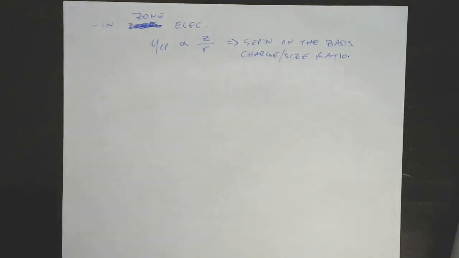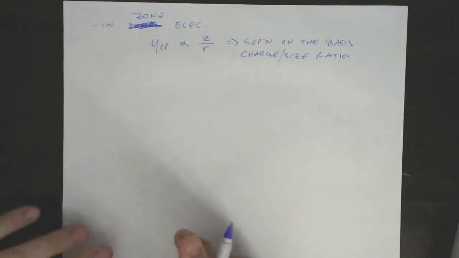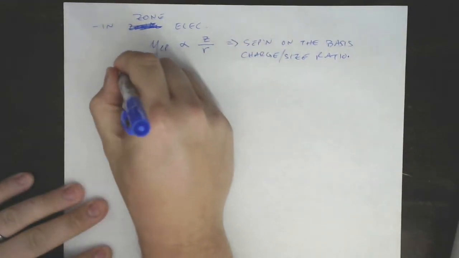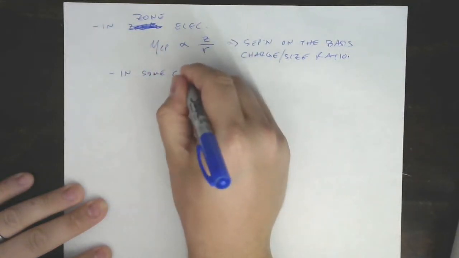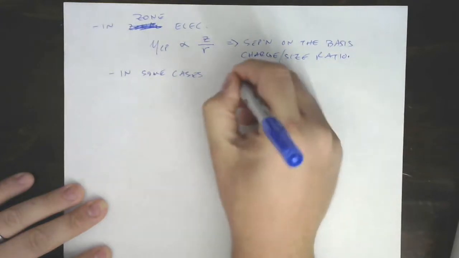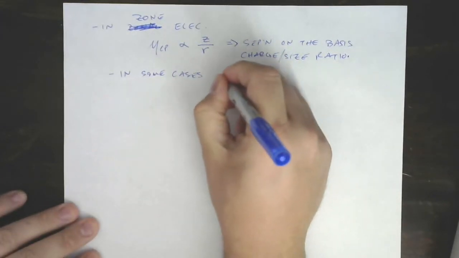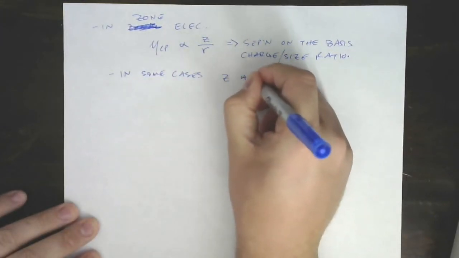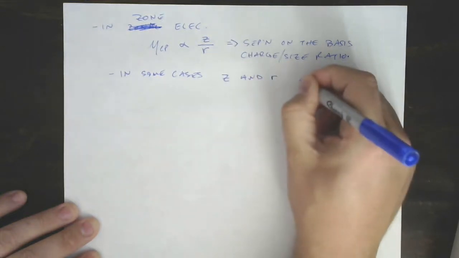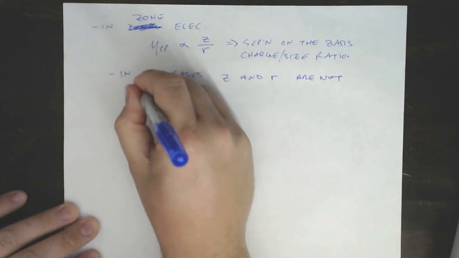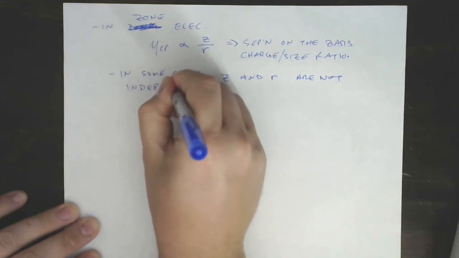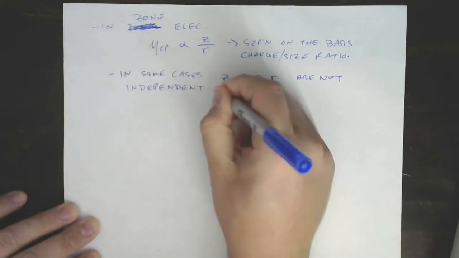Here's why I say that the two techniques we've talked about are not yet the whole story. That's because in some cases, I'm going to look at two very specific cases, Z and R are not independent variables.